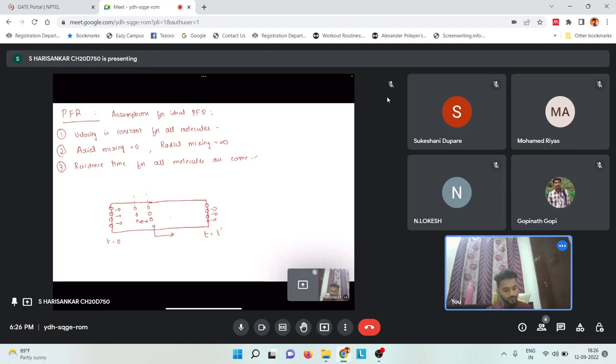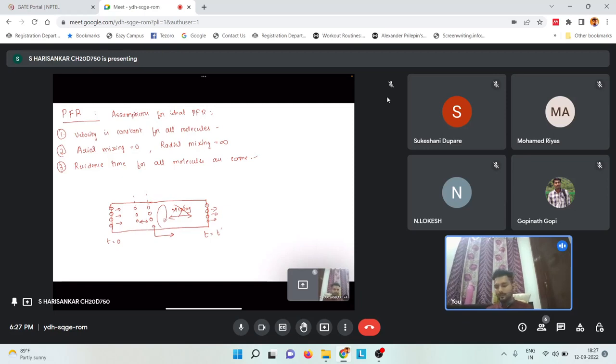The axial mixing does not occur here. Instead, radial mixing of molecules of the same layer can happen, and that is infinity. So the second assumption is axial mixing is 0 and radial mixing is infinity.